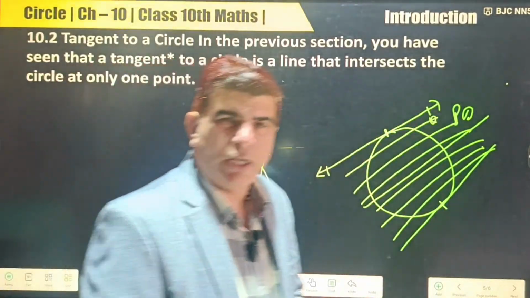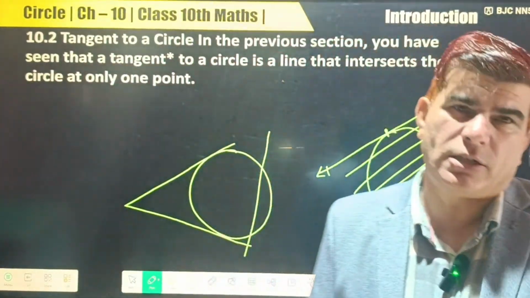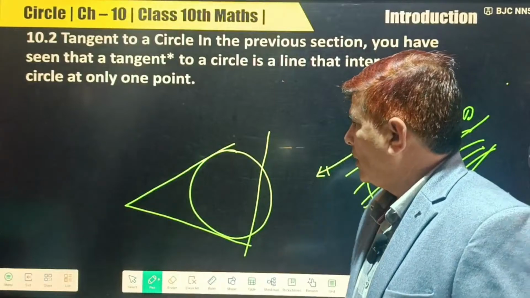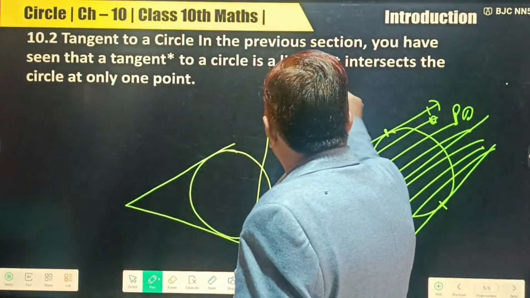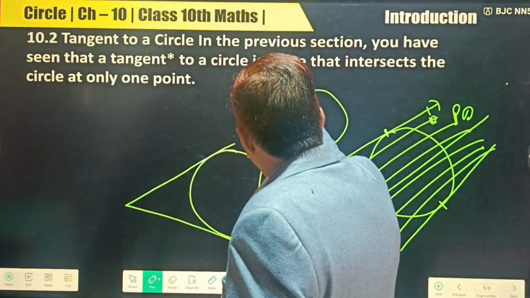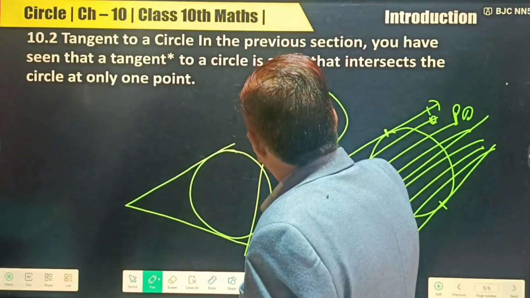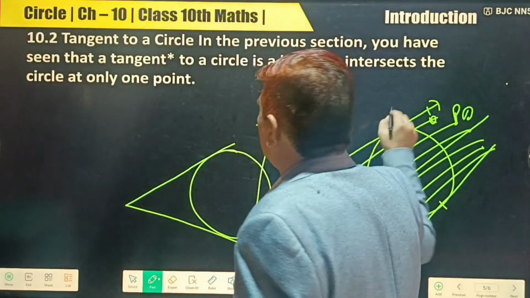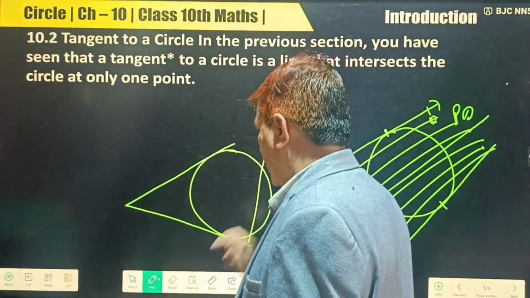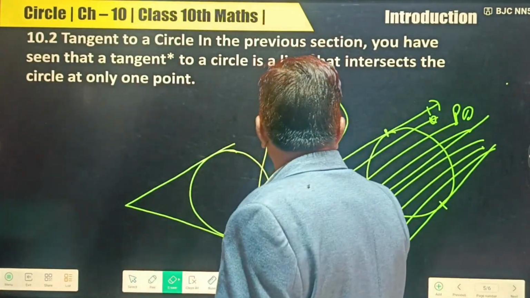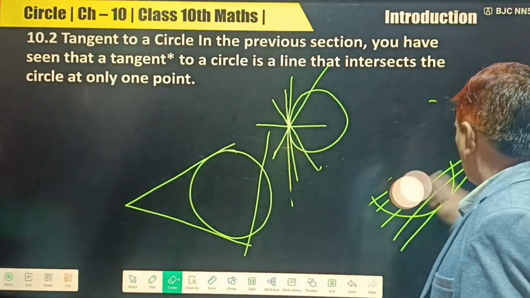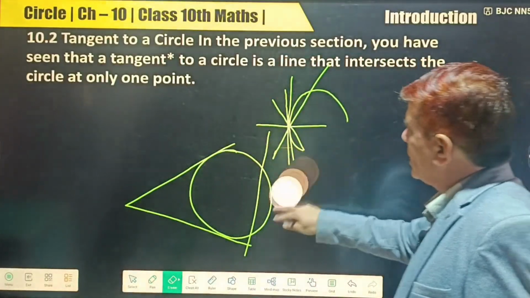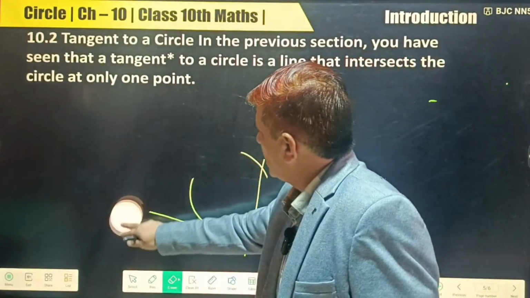From the external point of a circle, we can draw two tangents. Understood? And if the point is lying on the boundary, then we can draw only one tangent. Any others, coming like this, which are not tangent to the circle, are all secants to the circle. So we have to start with this. Later on I can tell you, but today one theorem is given.